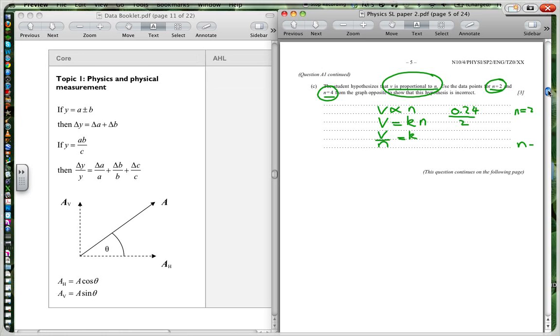And for N is equal to 4, we're going to have 0.34 divided by 4. Now, when you do that, this gives you 0.12, and this gives you 0.085. So we can clearly see that you're not getting a constant value in each case, and therefore not proportional.